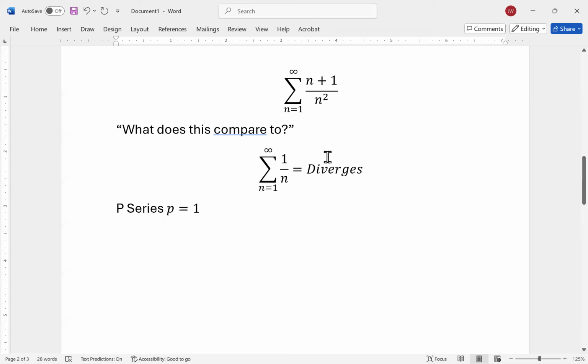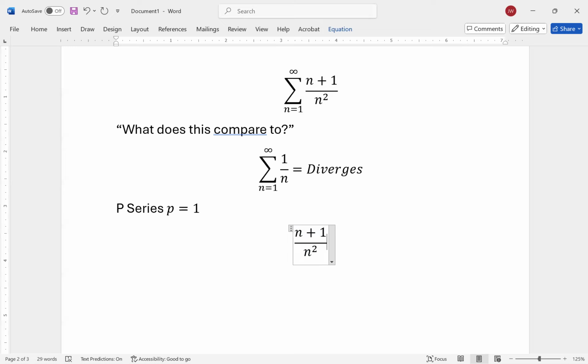Now, then I can do a direct comparison in this case. The terms in my original series compared to the terms in the series I'm comparing it to.